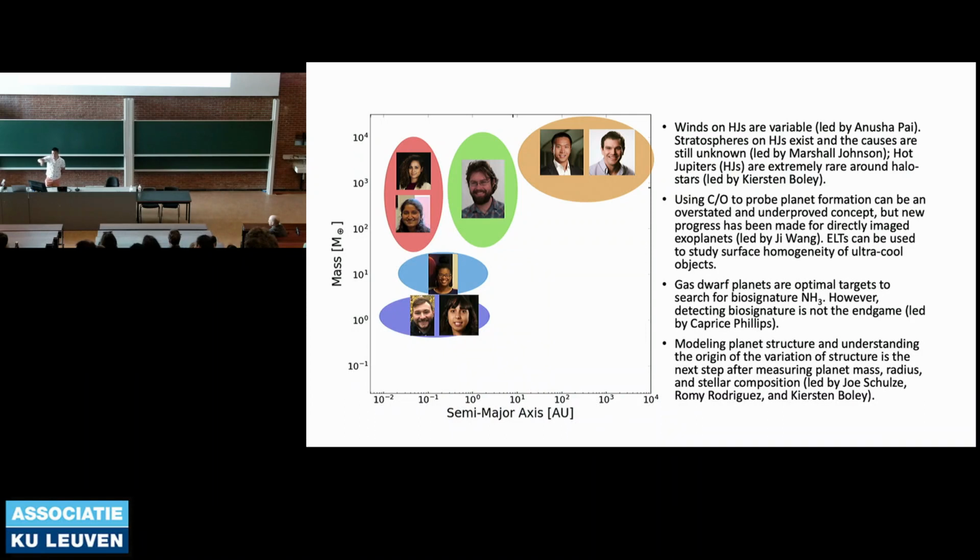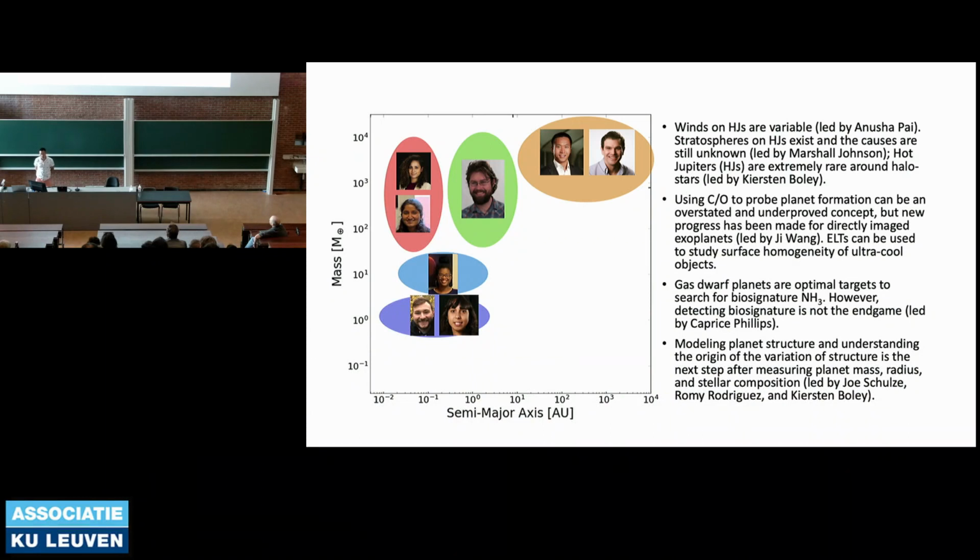If you're marching down the mass direction, you see Caprice Phillips, who is trying to use JWST to search for biosignatures of nearby gas dwarf planets. And in this case, the biosignature is not oxygen, not water, not anything else but ammonia. And if you're interested in that, talk to me. And at the very bottom, we also have a grad student working on the interior structures of rocky planets.